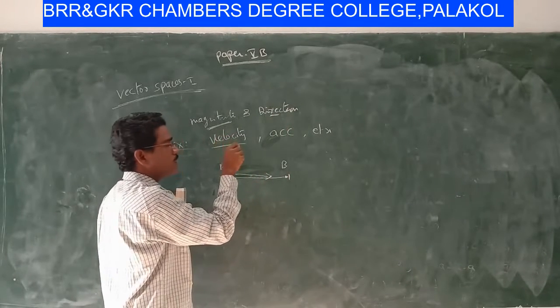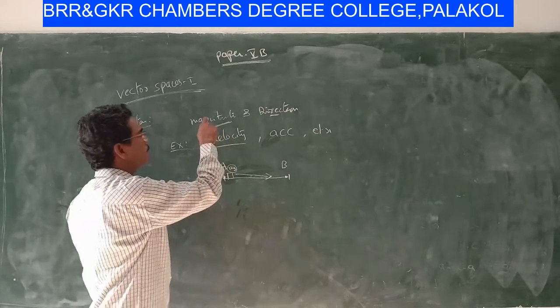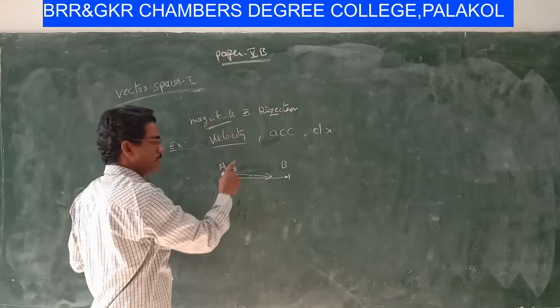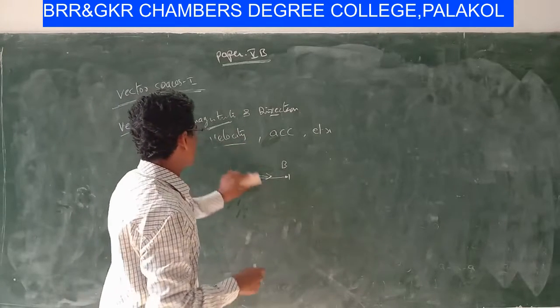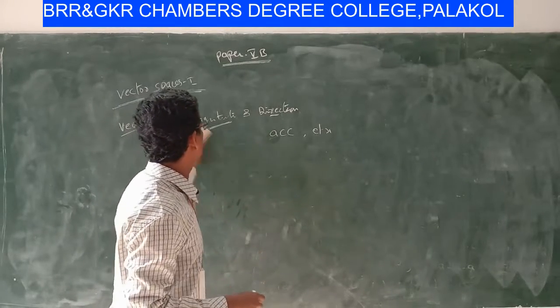So a physical quantity which has both magnitude and direction is called a vector. So that is an example of a vector.